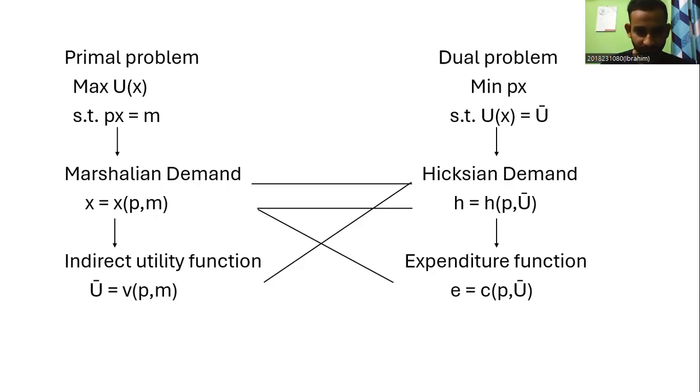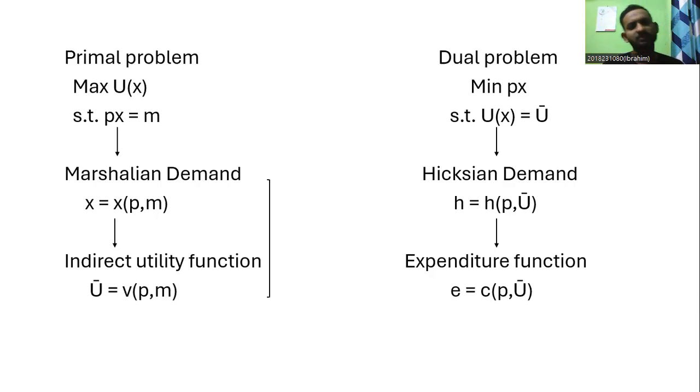Then if we think about differentiation, if we differentiate the indirect utility function with respect to P, we'll get Roy's identity, which is very important for grad studies.